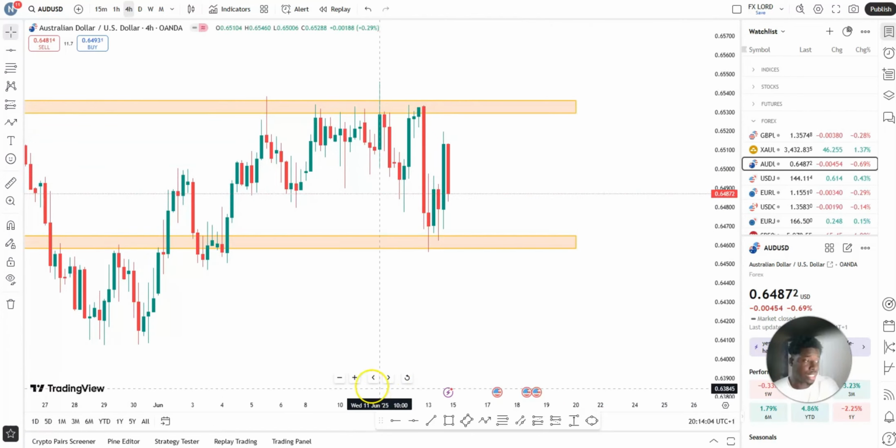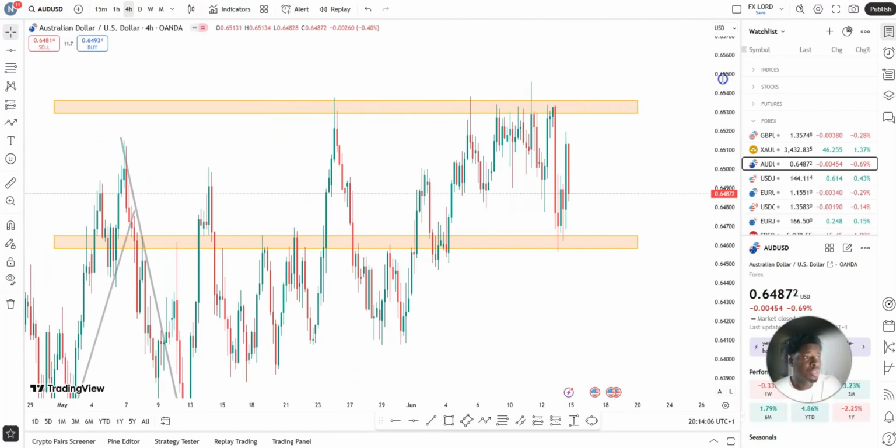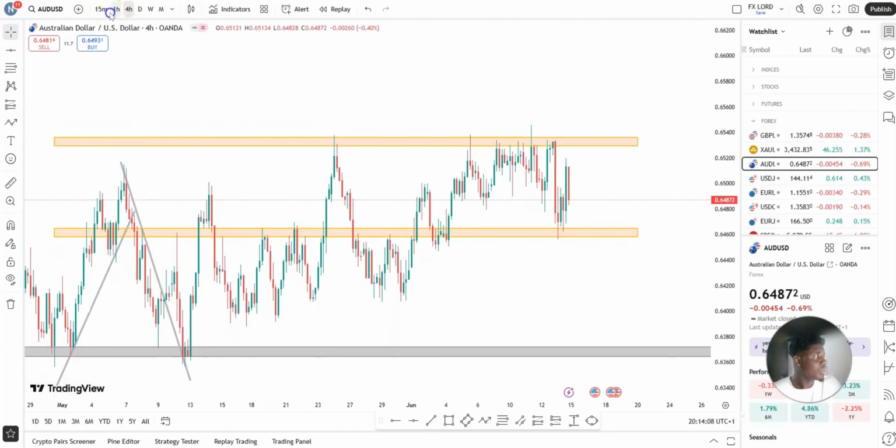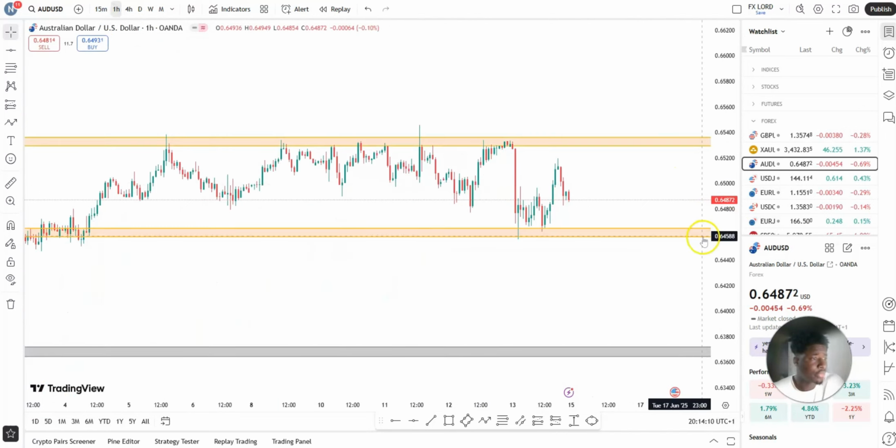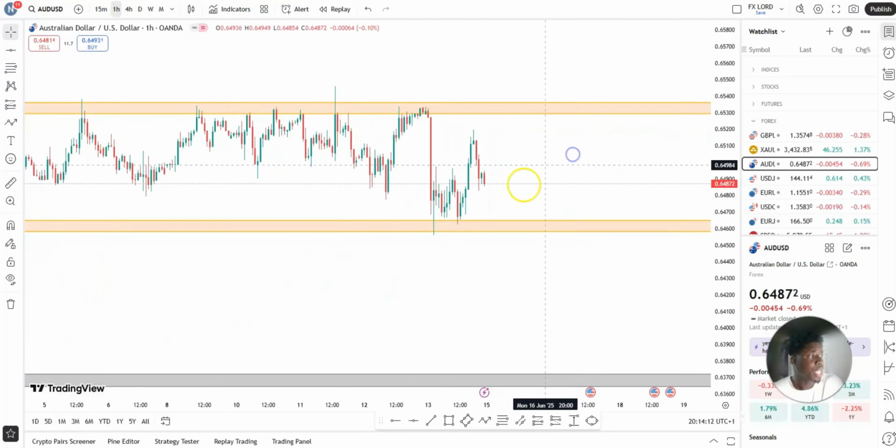But right now, on a 1 hour time frame, I'm waiting for AUDUSD to come back to this level, retest the minor support level, and go back to the upside. So this is what I'm looking out for on AUDUSD at the moment.